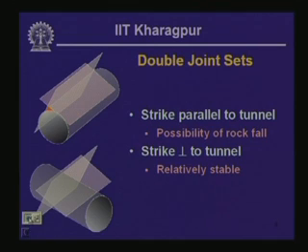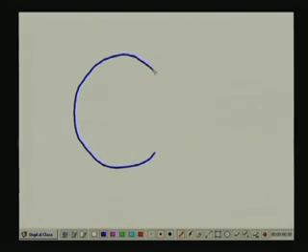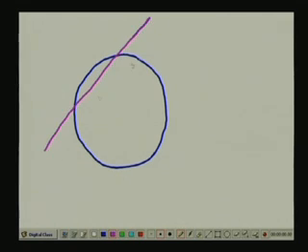Let us look at the first point in a little bit greater detail. Let us say you have a tunnel with a circular cross section, as we considered in the previous slide, and you have one joint set which is oriented in this manner.